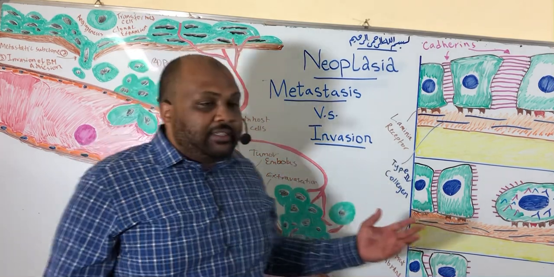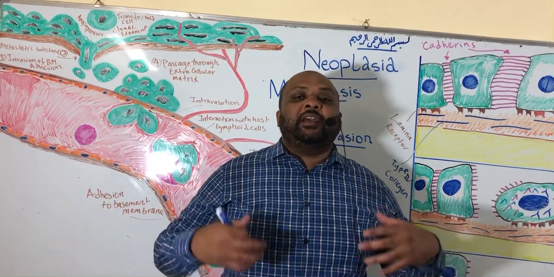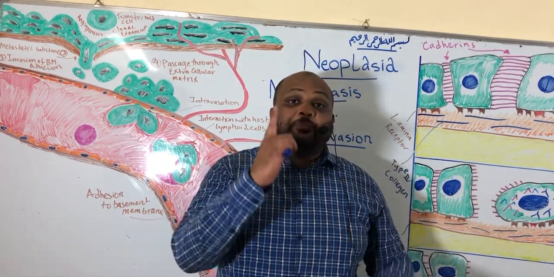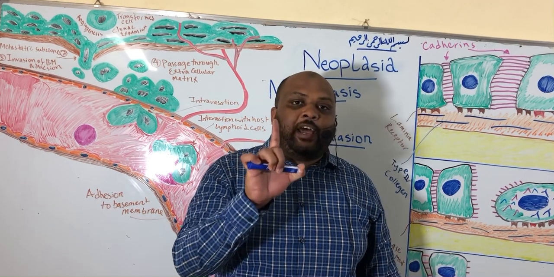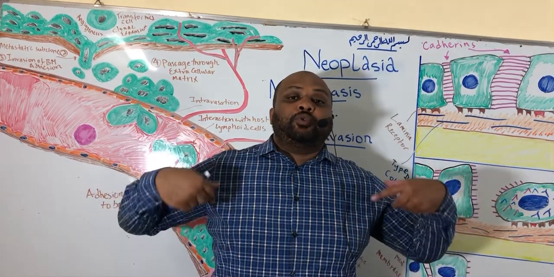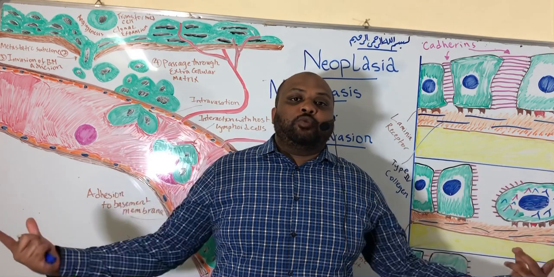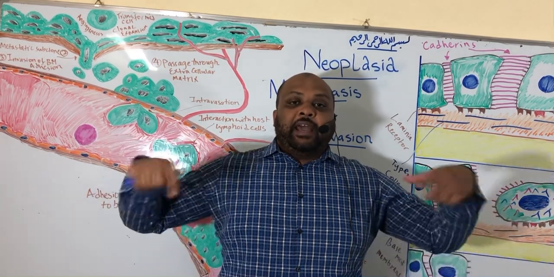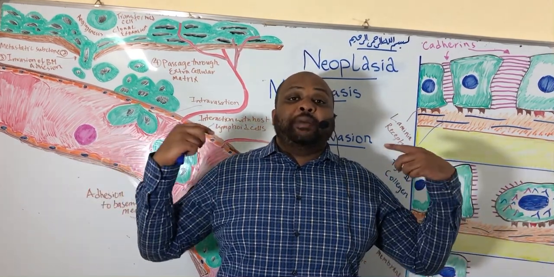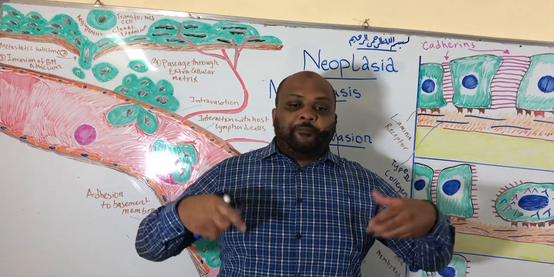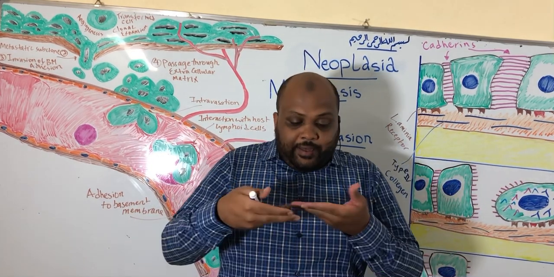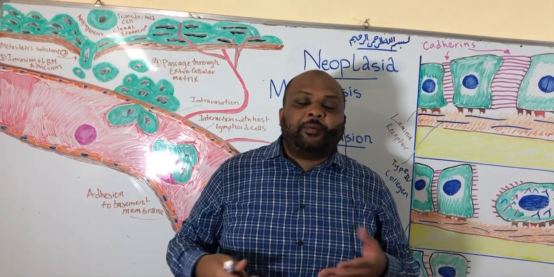And as we said, invasion is basically when the transformed cell, which begins with one cell, one bad apple, turns into subclones through clonal expansion. And that cell will now begin to destroy the basement membrane beneath.